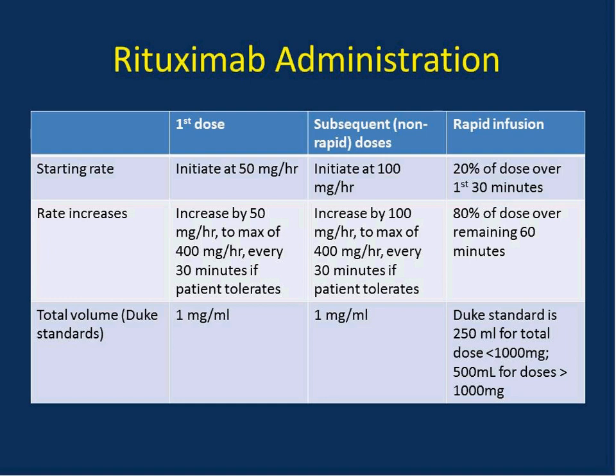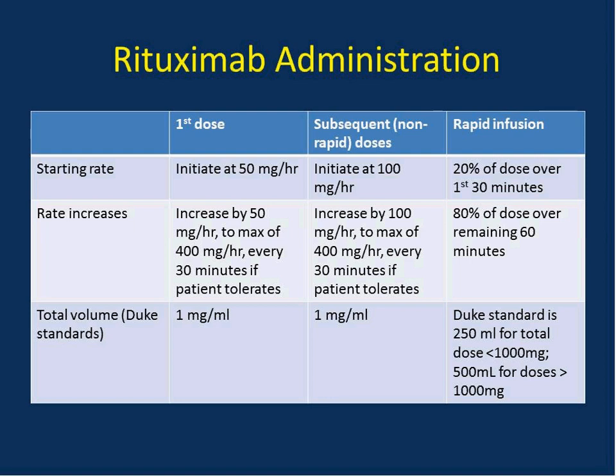With the first dose, a patient who's never received rituximab, start the infusion at 50 milligrams an hour. You increase it by 50 milligrams an hour every 30 minutes if the patient's tolerating it, to a max of 400 milligrams per hour.